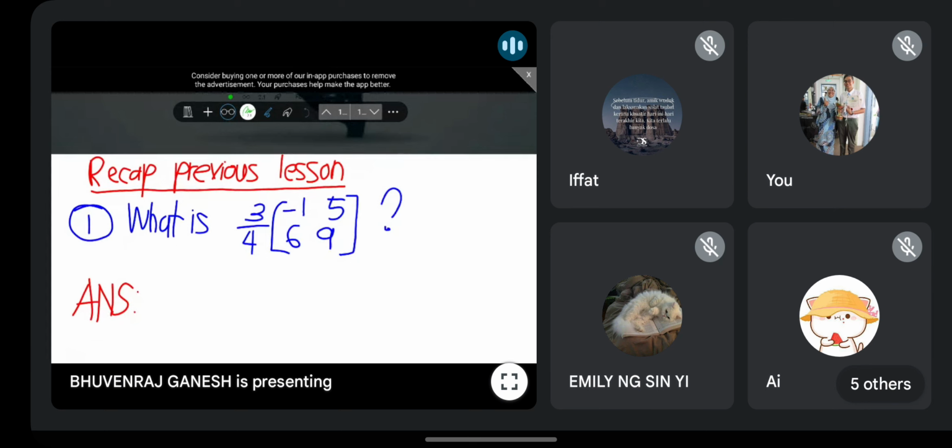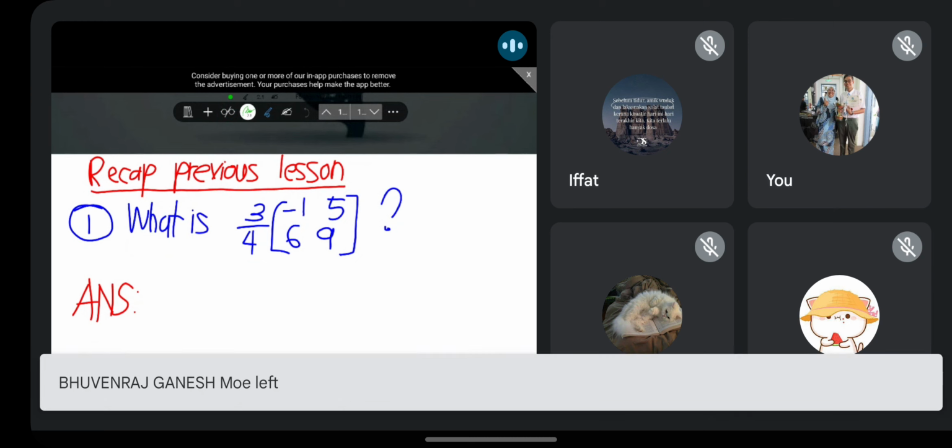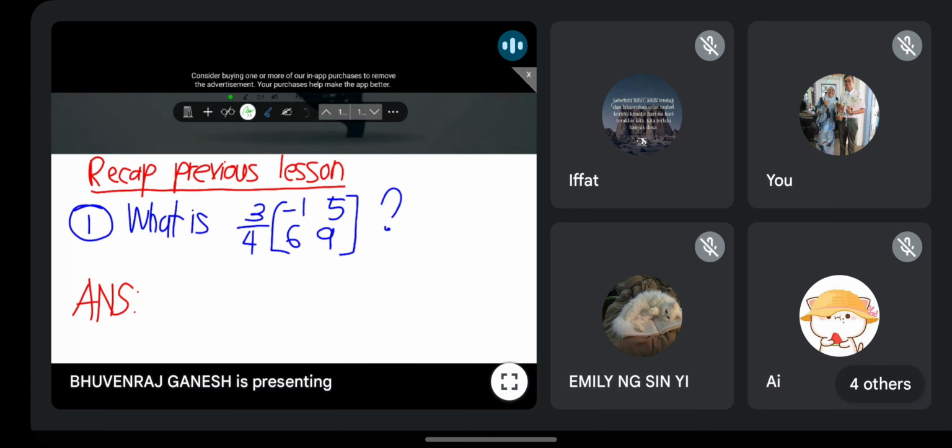Okay, so first question, guys, what is 3/4 times with this matrix I write over here? Can you all try to do and see and tell the answer? Cuba buat.